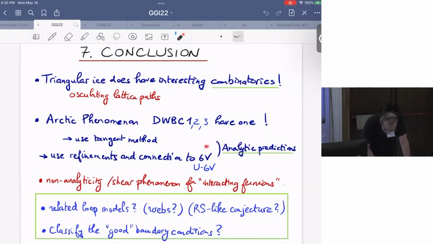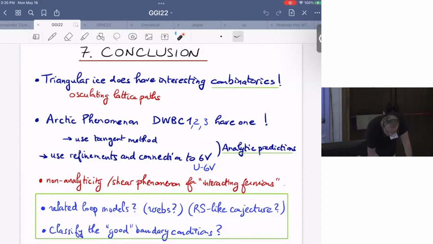And we found connections to both the 6 vertex and the U-turn 6 vertex, right? So there might be even more objects, which we know that there's more versions of 6 vertex, right? In Kuperberg's paper, Under One Roof, he has all these other versions of 6 vertex with different domain wall boundary conditions, etc. So I have kind of hopes that one can also describe analogous objects with 20 vertex.